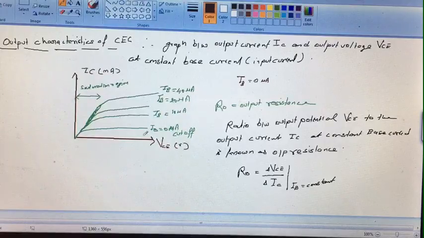From this diagram, it may be noted that collector current is not zero. Collector current will not be zero at any condition. When base current is zero, it has a certain value that is known as reverse leakage current. This is our reverse leakage current.